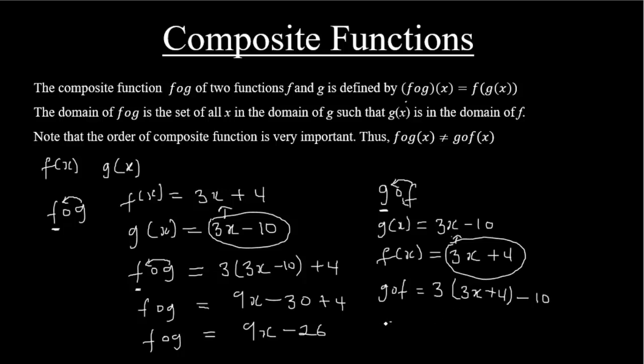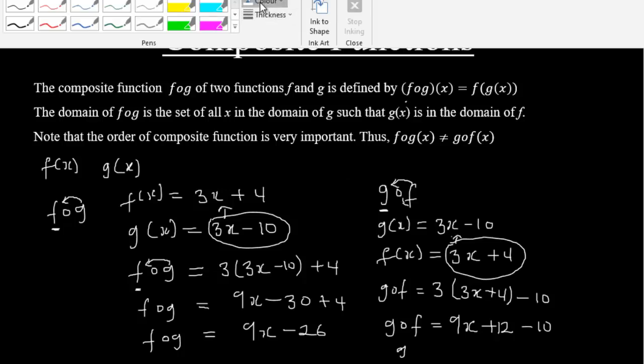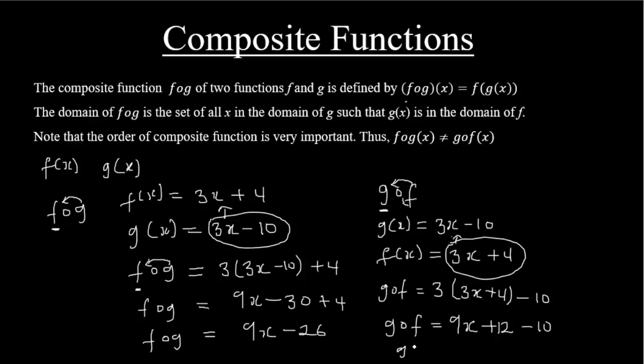So we need to expand the bracket. 3 times 3x gives us 9x. 3 times 4 gives us plus 12, minus 10. So g of f is now equal to 9x plus 2. So that is that.